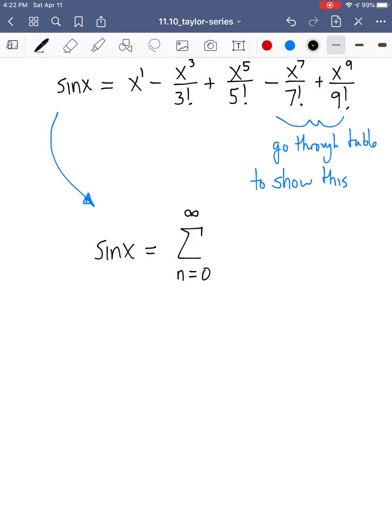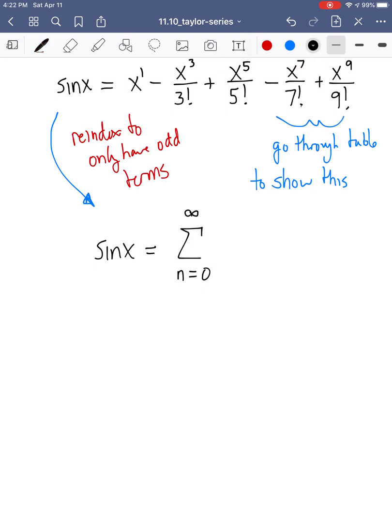Now, we're just going to re-index our series to only have odd terms, because all the even powers of x we saw drop out.